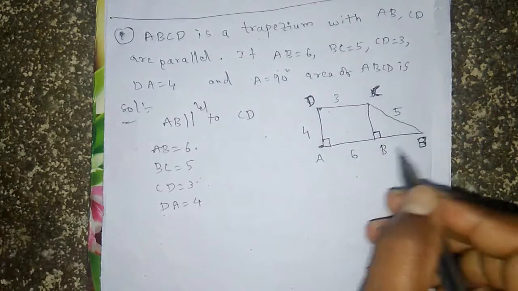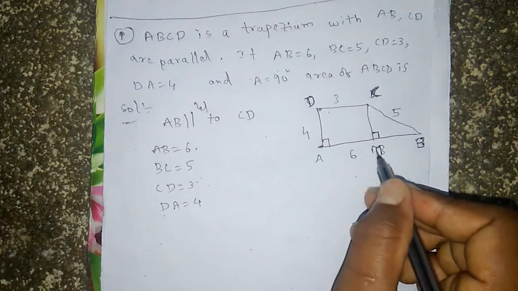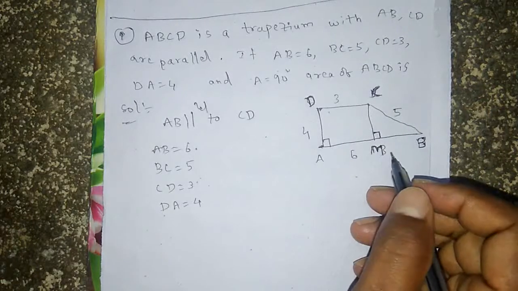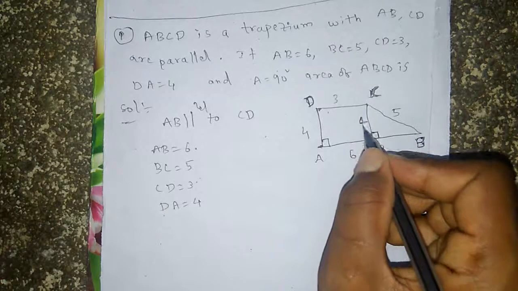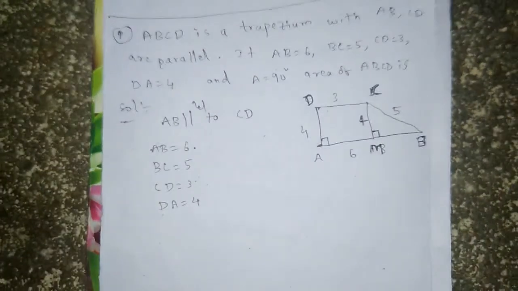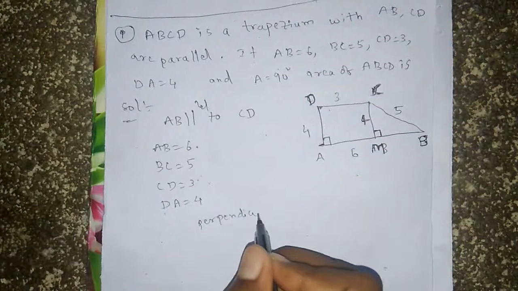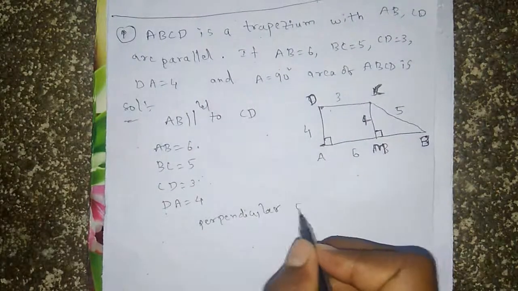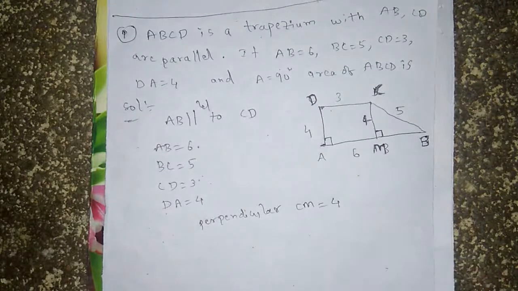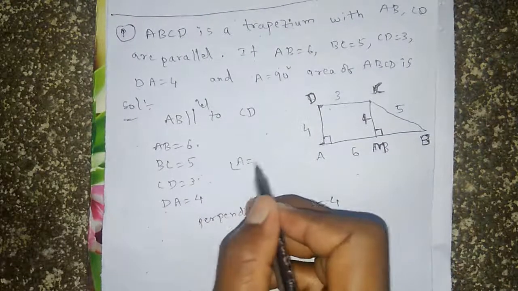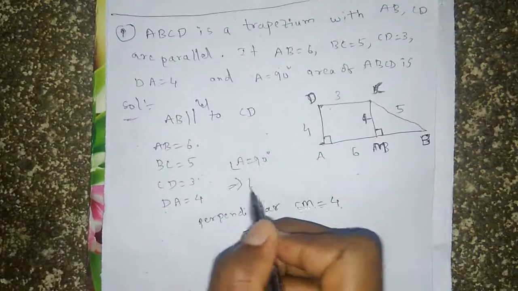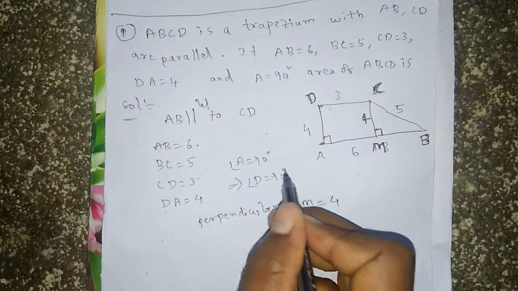This is B, this is the perpendicular CM, let us take. This is also again 4. Perpendicular CM is equal to 4. AB parallel to CD, angle A is equal to 90 degrees, implies angle D also is equal to 90 degrees.